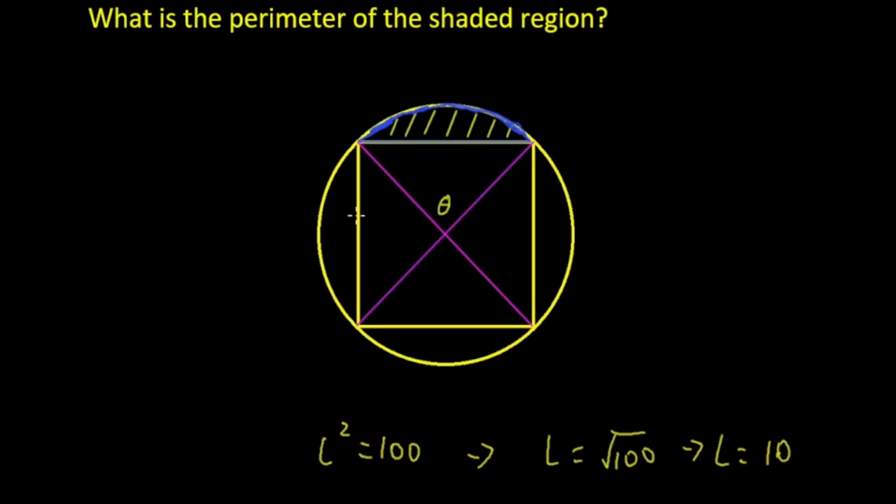Okay, so if this side is 10, this side is 10, what would be this angle here? We can use the tangent law, right? So tangent of this angle is equal to this side divided by this side. Let's call this angle alpha.